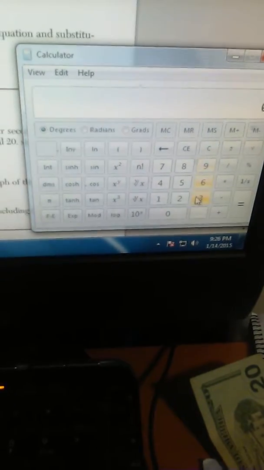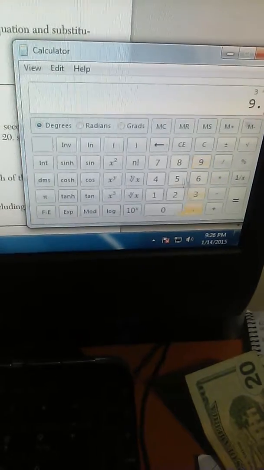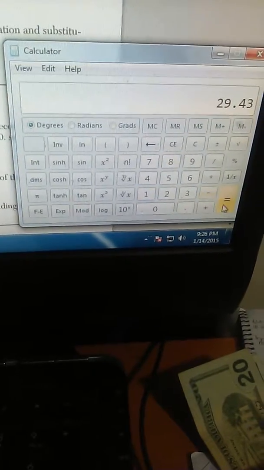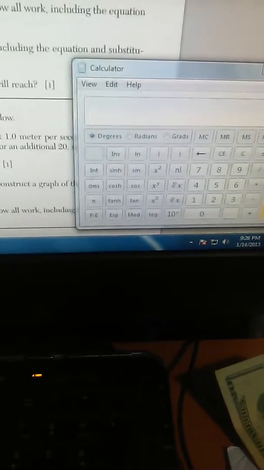So 3 times 1 is 3, and then kilogram meter times 9.81. 3 times 9.81 equals 29.43.